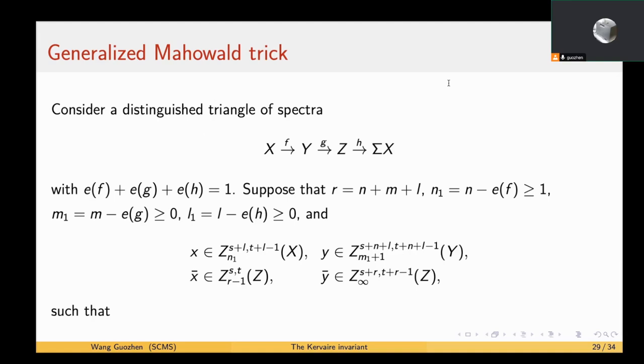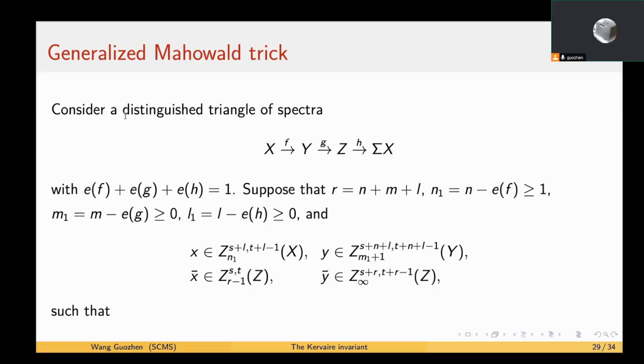In order to apply the generalized Leibniz rule, we need an effective way to compute h extensions. We can do this using the generalized Mahowald trick, which gives a correspondence between a non-trivial extension and the Adams differentials in the cofiber. Suppose we have the following setting.